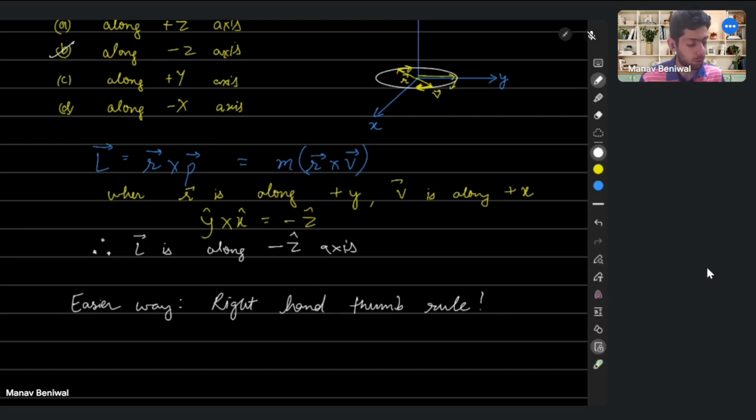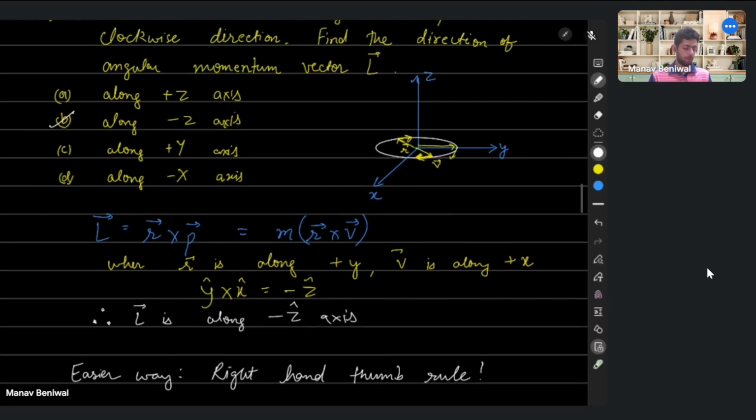So what is the right hand thumb rule? We curl our fingers in the direction of rotation, and our thumb will point in the direction of angular momentum. In this case, because it is moving in the clockwise direction, our fingers will curl clockwise like this, and therefore our thumb is pointing downwards, which gives us the direction of angular momentum as down.